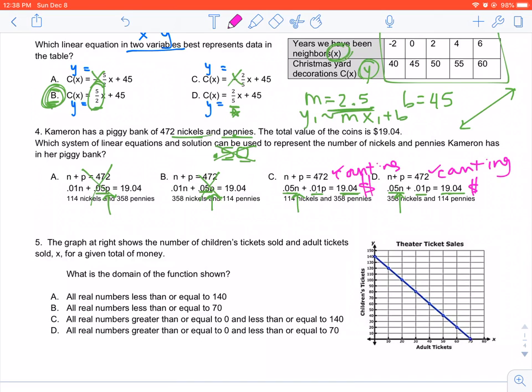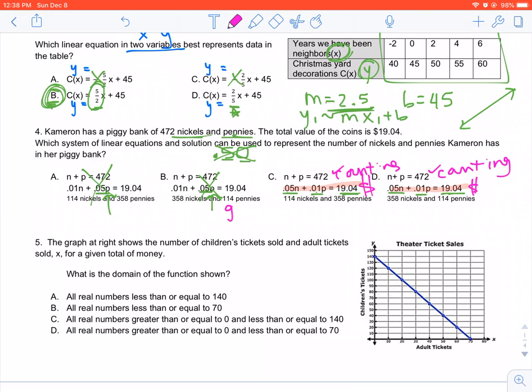So what we're going to actually have to do now is look at our answer choices. Our answer choices are going to be 114 nickels and 358 pennies, or 358 nickels and 114 pennies. Since this is actually money, we can type in this bottom equation and plug in our answers, and that would be easier than solving the 3 different ways that we learned.